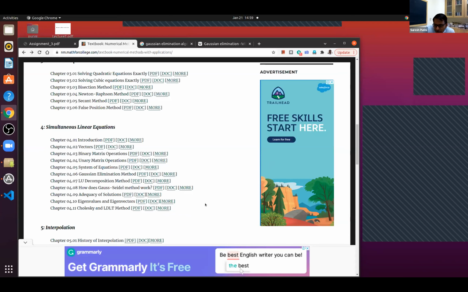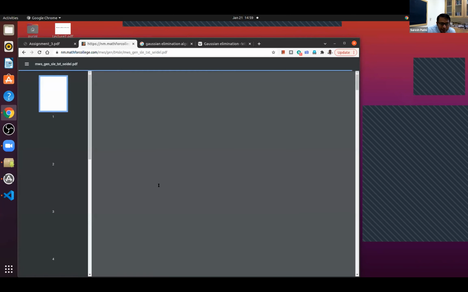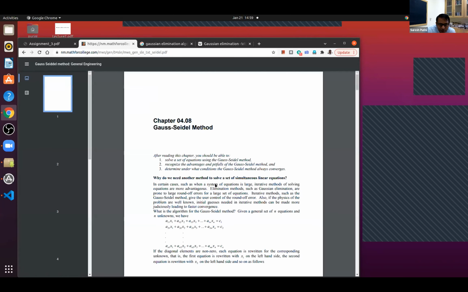Gauss-Seidel method, are you able to do it? Didn't do it. The Gauss-Seidel method is so easy. You have a system of equations.